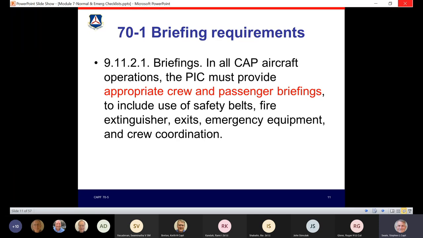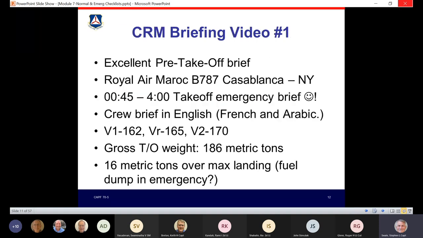It's interesting, these are the same items that you'll find if you look in Part 121 operations and other parts of Part 91, they will be spelled out just like this. So CAP has incorporated essentially an FAA requirement into our controlling documents, which is as it should be.